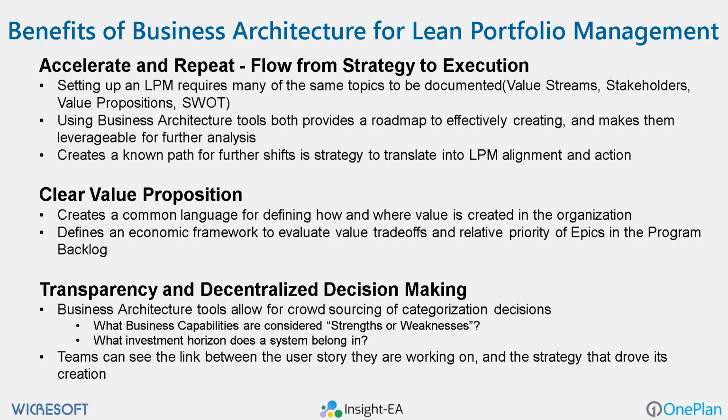And then finally, I think you saw some of this in what Jose was laying out. The ultimate goal here is that when a developer or a tester or someone picks up a user story, they don't just understand what that user story is saying, but they understand the context and the strategy, and you can trace back to the strategy that drove the creation of that story, so that they are developing and testing with more of the context in mind as much as the words that are involved in the story, and that brings a lot more alignment and transparency and clarity into execution.